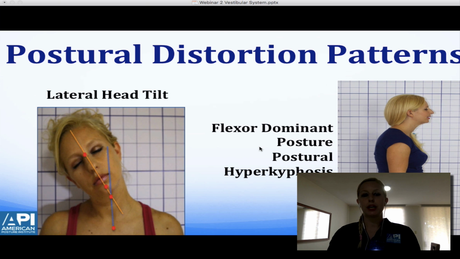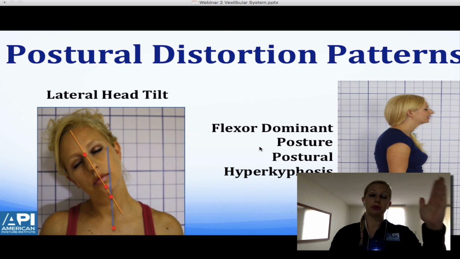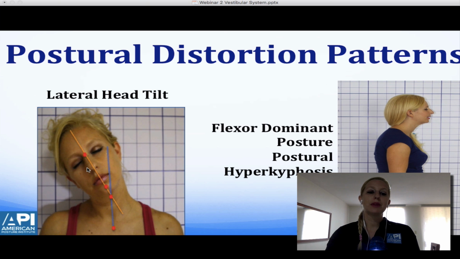Now I talked a minute ago about the postural distortion patterns. Here are some pictures for you to look at. With the lateral head tilt, it is going to be towards the side of otolithic dysfunction. In this image you can see I have a right head tilt. It's very exaggerated in the photo. The right head tilt demonstrates right otolithic dysfunction of the vestibular system. And over here is another exaggerated photo of flexor dominant posture, or postural hyperkyphosis.